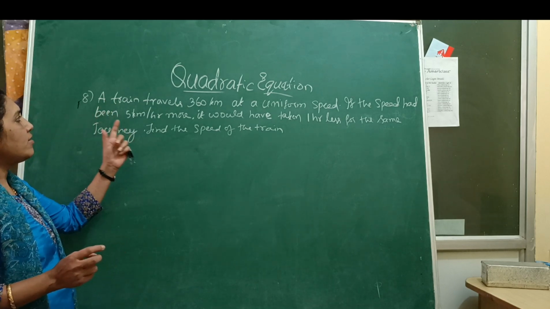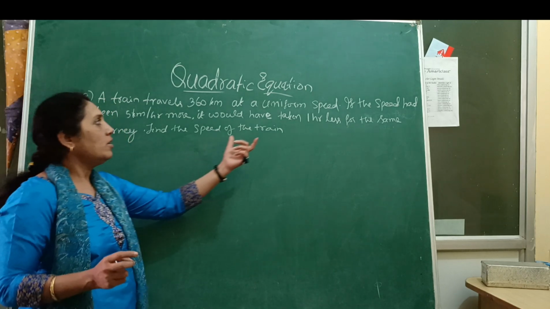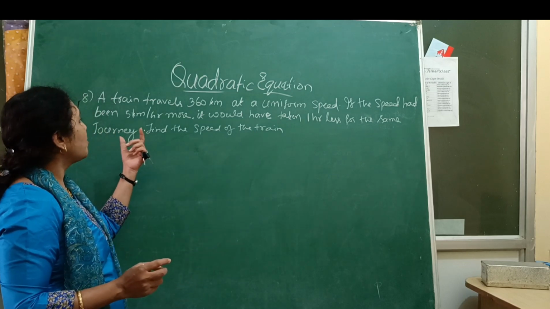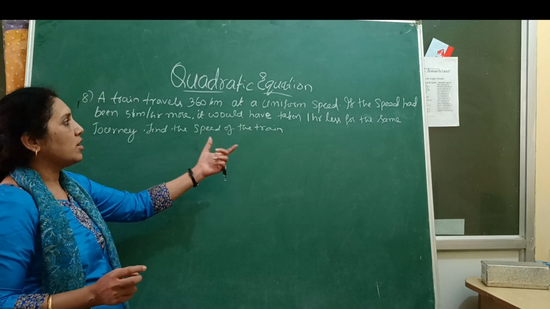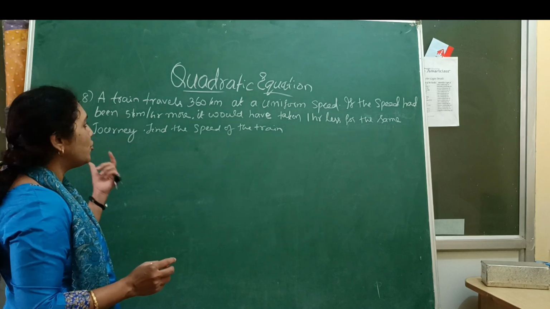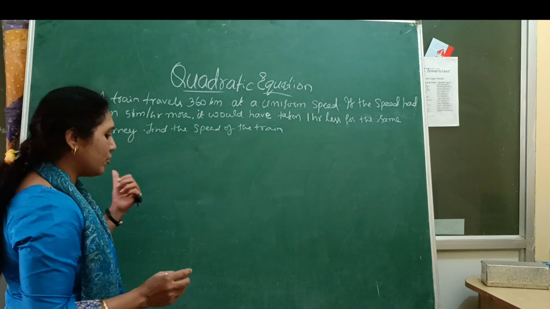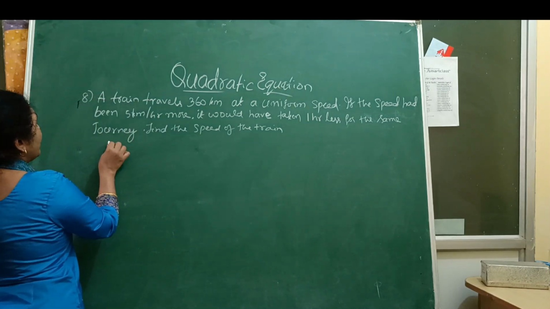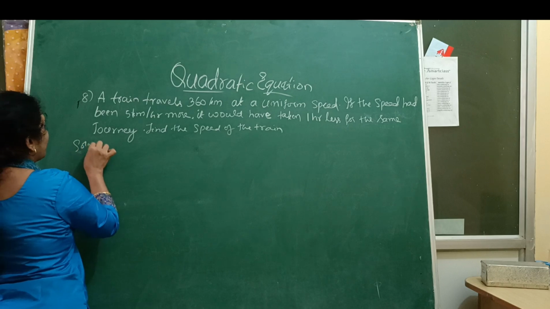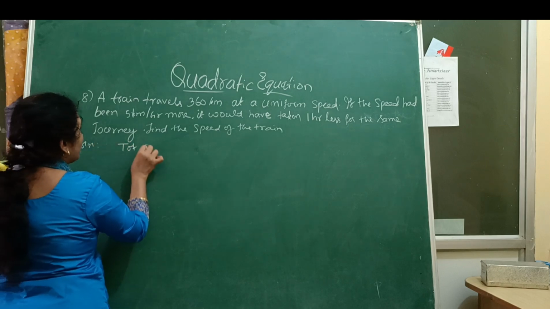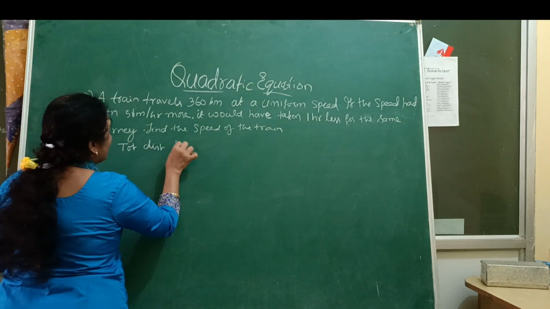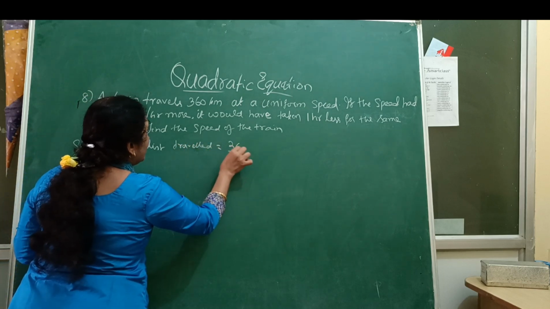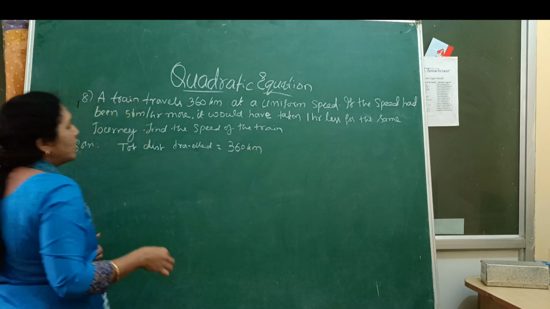The next question is question number 8 from your textbook. A train travels 360 km at a uniform speed. If the speed had been 5 km per hour more, it would have taken 1 hour less for the same journey. Find the speed of the train. We know the total distance travelled, which is equal to 360 kilometer.